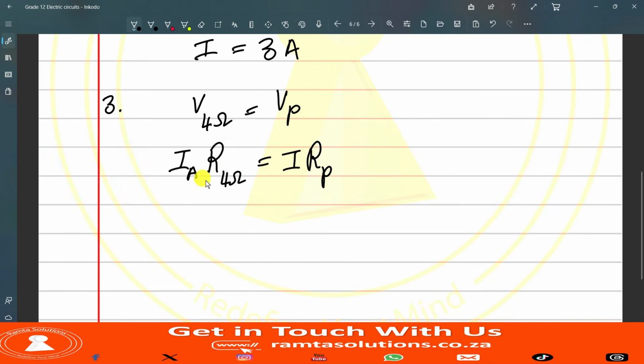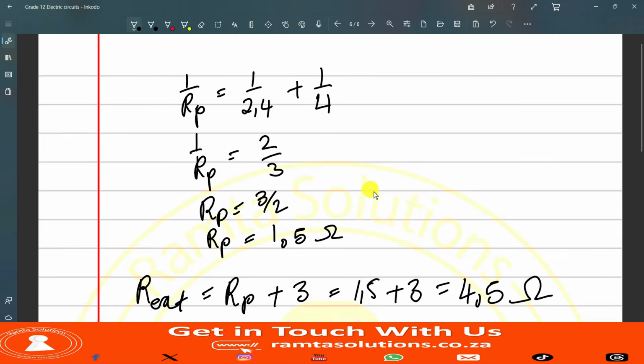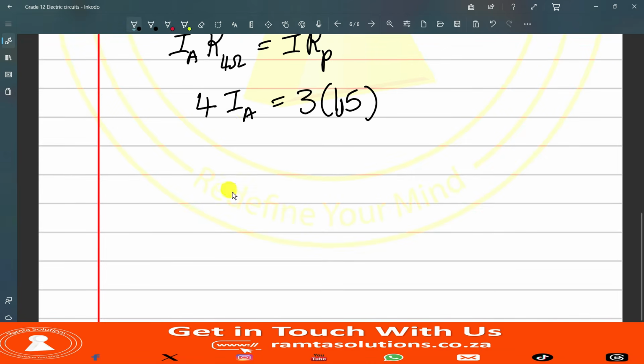Current flowing is unknown. 4 ohm resistor resistance is 4. We said total current is 3. We said R sub P is 1,5. Right? Now, easy peasy, our total current is 4,5 divided by 4.